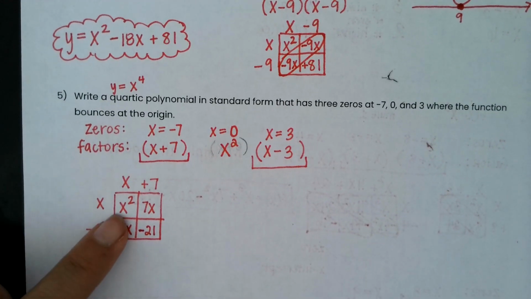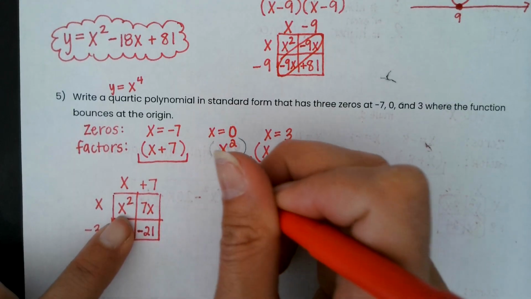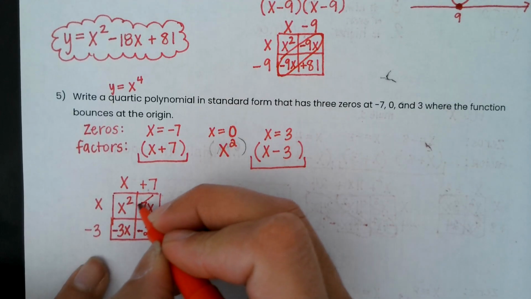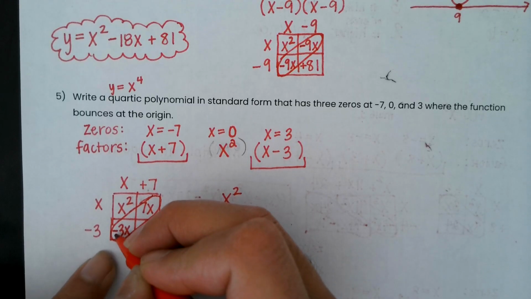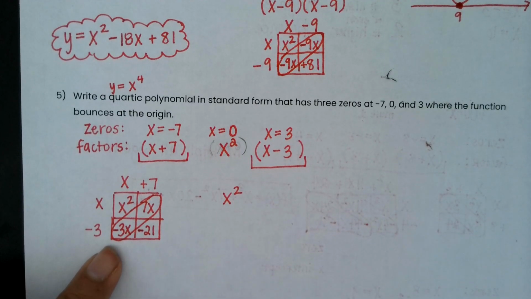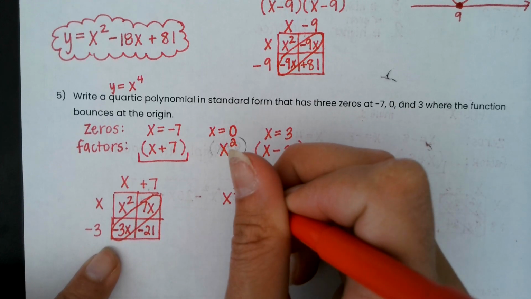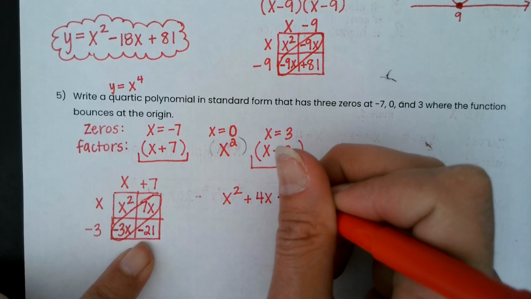So that written out, x squared goes at the front. We're going to put these diagonal boxes together. A positive 7 and a negative 3 is positive 4, so plus 4x. And then your minus 21 at the back.